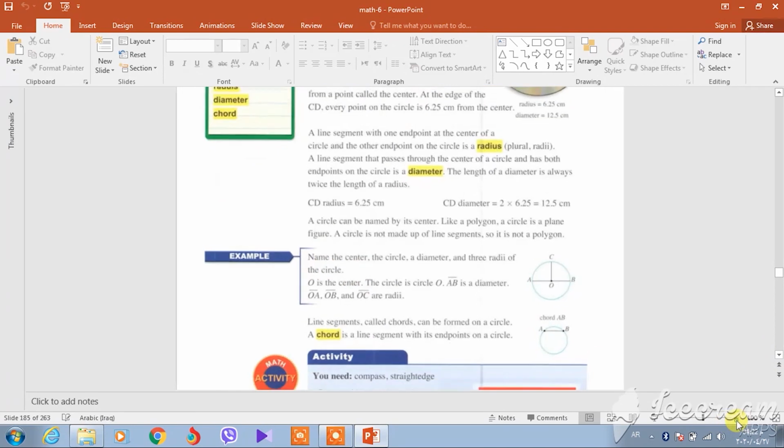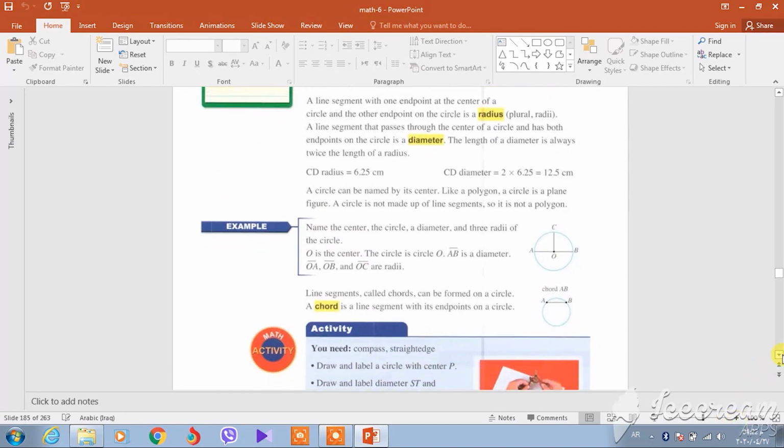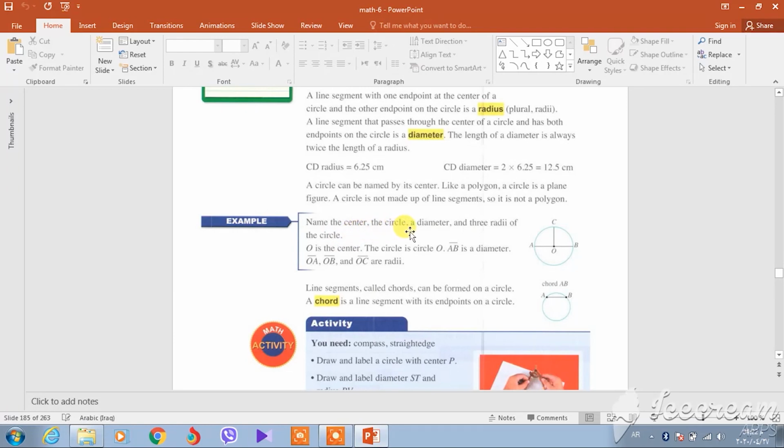Look. Name the center of the circle, a diameter, and 3 radii of the circle. If you look at this circle, which one is the center? Point O is the center point of the circle.